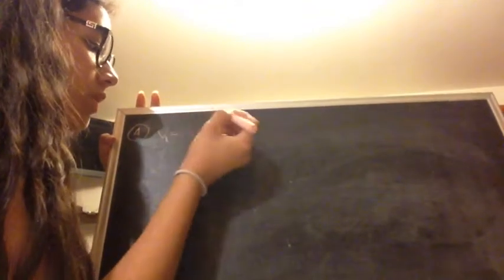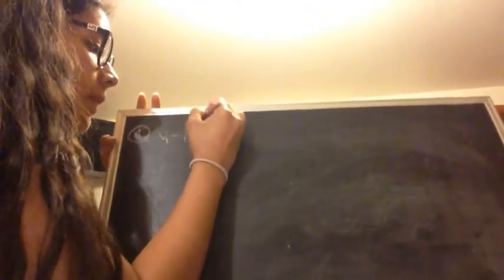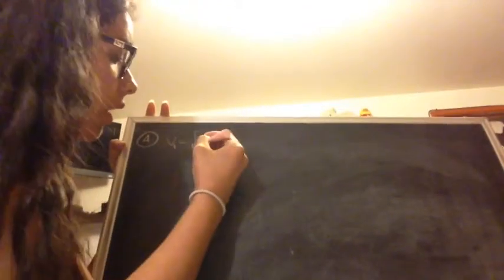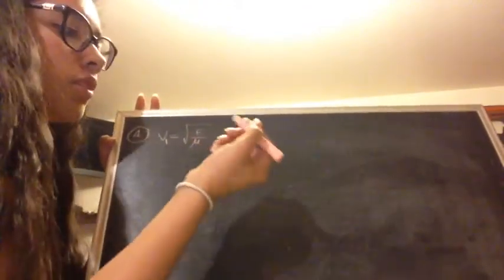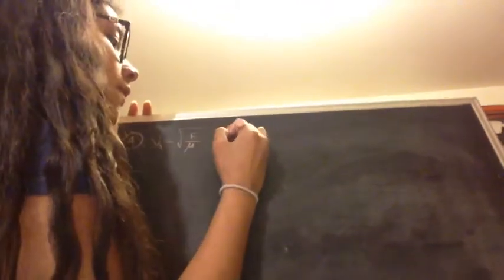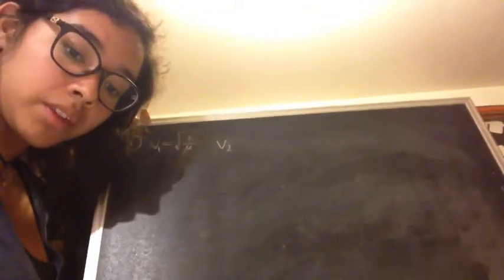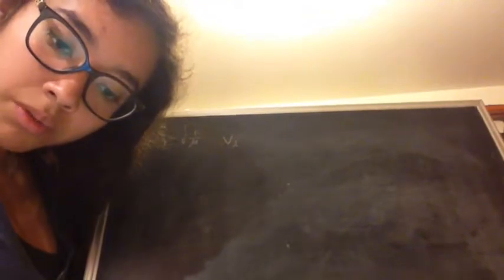Well, as we know, we have the first equation, and the first velocity equals the square root of force over the linear density. And we have the second velocity that should be half, to decrease the speed of the wave traveling on the string.